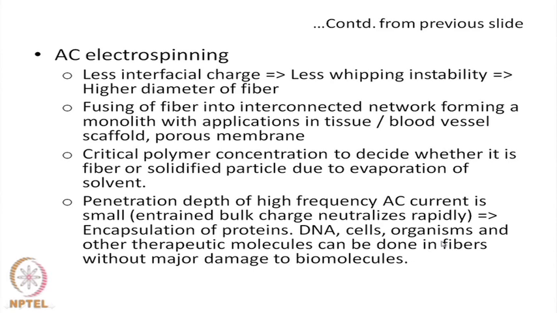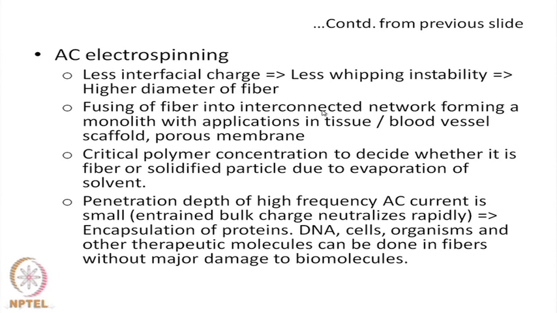This AC electrospinning will have less interfacial charge, and so the whipping instability, and whatever instability was arising because of the charge, those problems are less. So, one can have a higher diameter of fiber. That is one possibility.